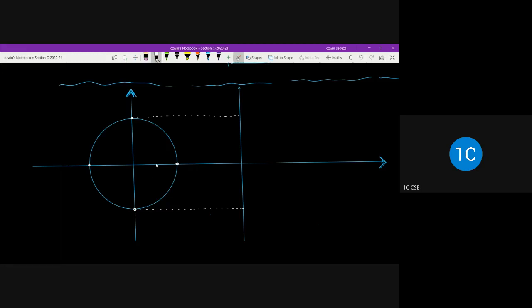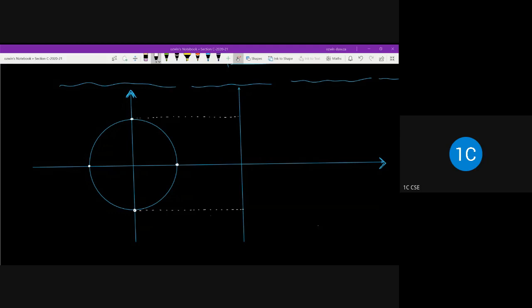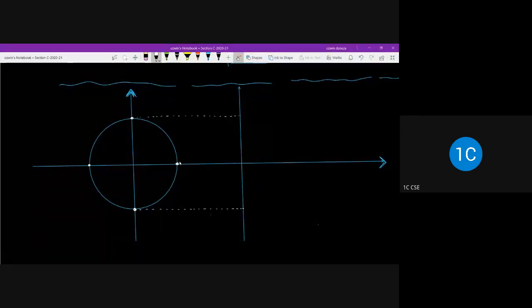Now I'm writing these positions once again. Position 1, and this is position 2, and this is position 3, and this is position 4, and some arbitrary position 5 also we had considered.